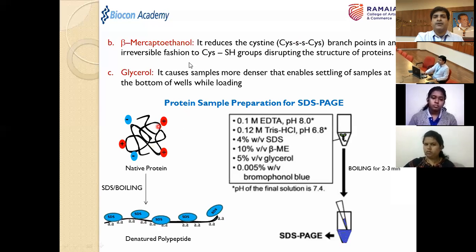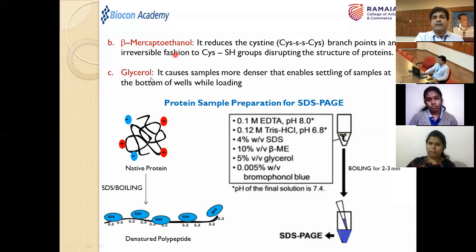So how do you do this? Beta mercaptoethanol. In that way, it cleaves cystine to cysteine. So wherever interconnections are there, intra and inter, they will be cleaved irreversibly and made into cysteine. So there are no more interconnections. Understood? That is the role of beta mercaptoethanol.